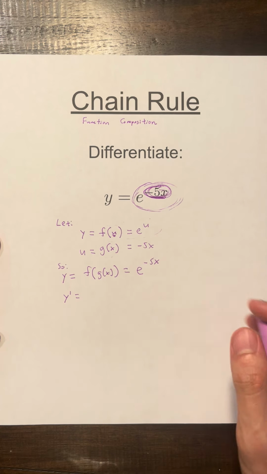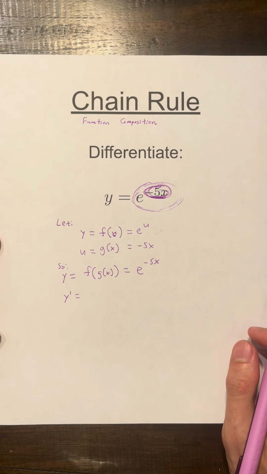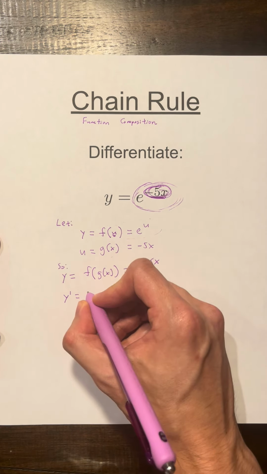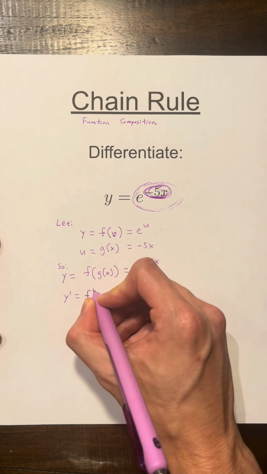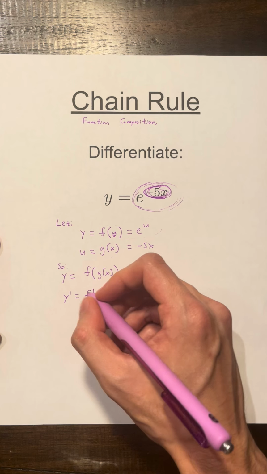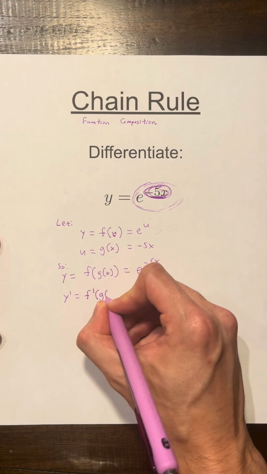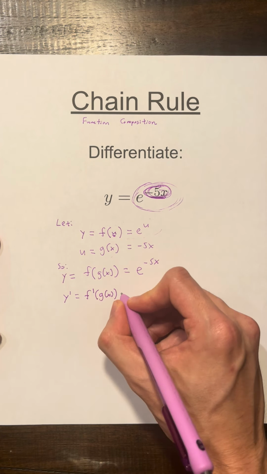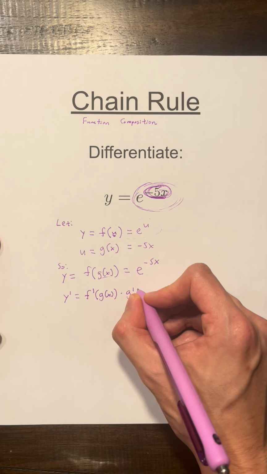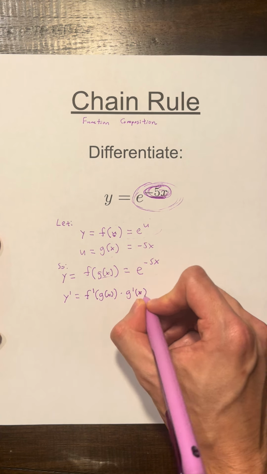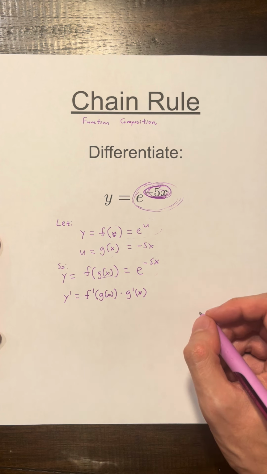Well, what's the formula for chain rule? It's going to be f prime, so derivative of outer, times derivative of inner. Okay.